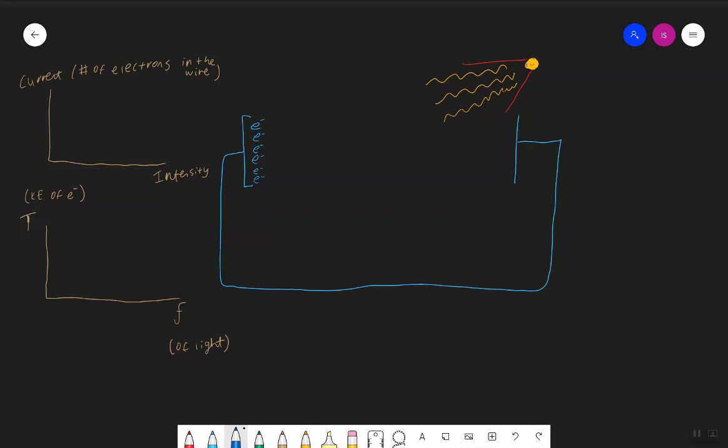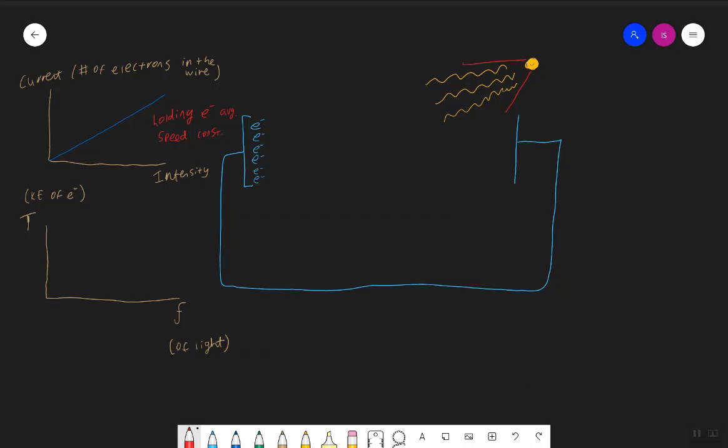So for current versus intensity, and again, I just want you to remember we're holding, I'll even write that, holding electron speed, or holding the average electron speed constant.